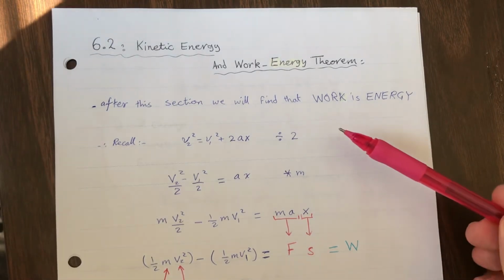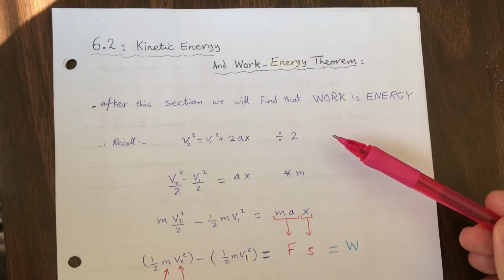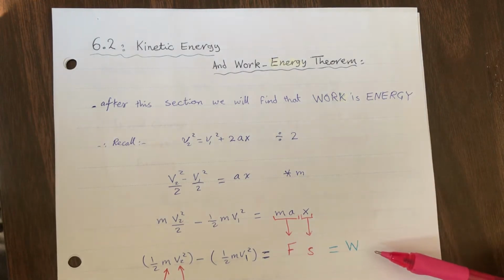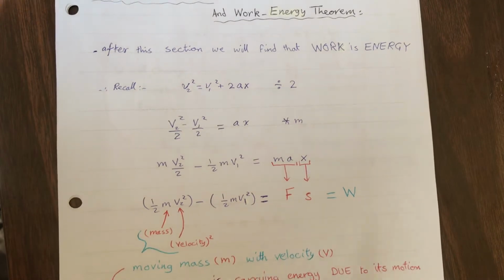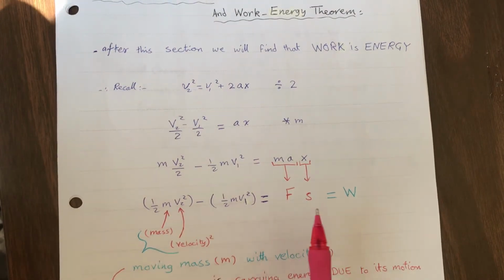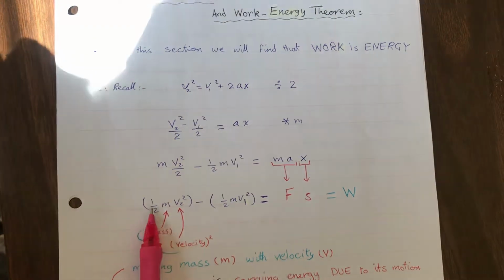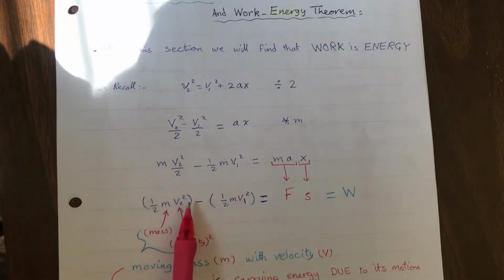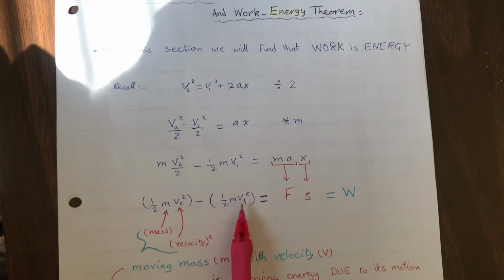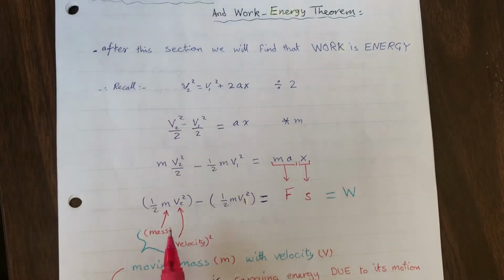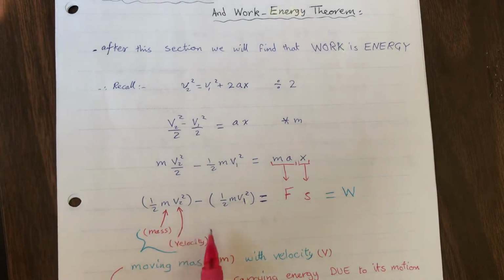Now we used the second equation of motion, and we reached the definition of work, which is Fs equal to work. What we have on the left hand side is half mv2 squared minus half mv initial squared. This is a mass and this is a velocity squared.